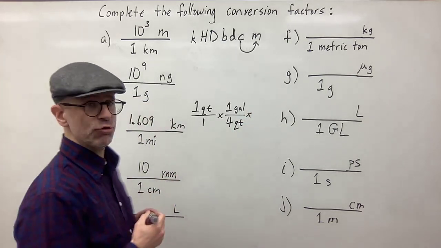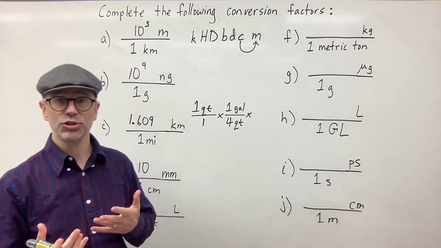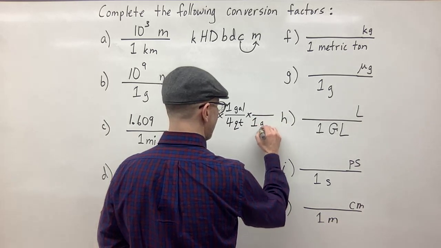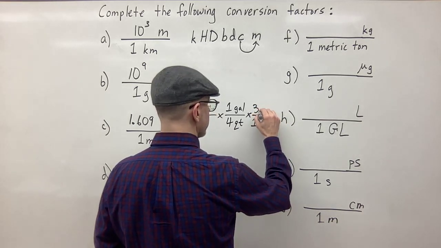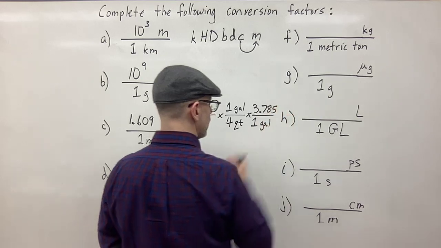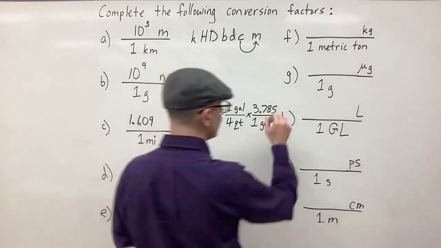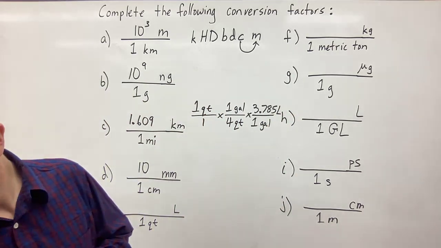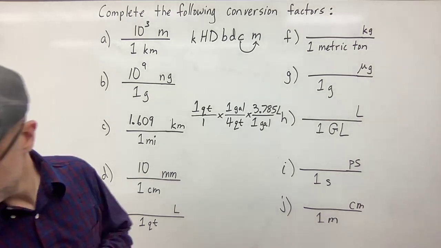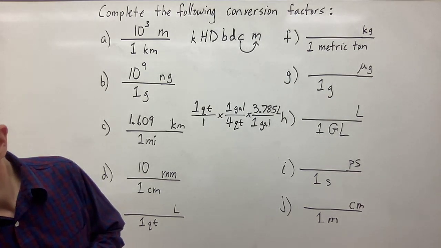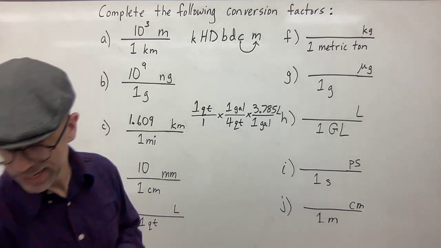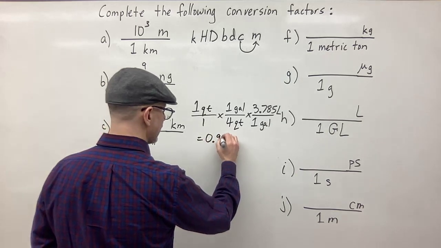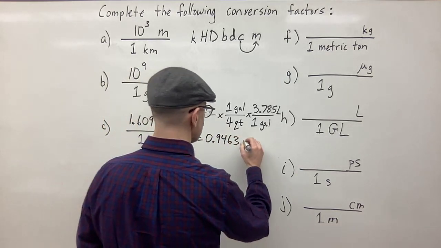And then from there, if you know the relationship between gallons and liters, you can use that. And that's going to be 1 gallon is equal to 3.785 liters. Okay. And so then when you calculate that out, you get 0.9463 liters.